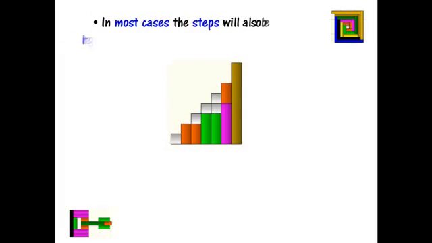In most cases, the steps will also be irregular, as in this staircase here. You see that up until we get to the tan rod, all the difference between each step has been the white rod, but here it's gone up a bit. It's gone up by a red rod. Can be dangerous if you're expecting to step down a certain height and suddenly you find that it's higher than you thought.